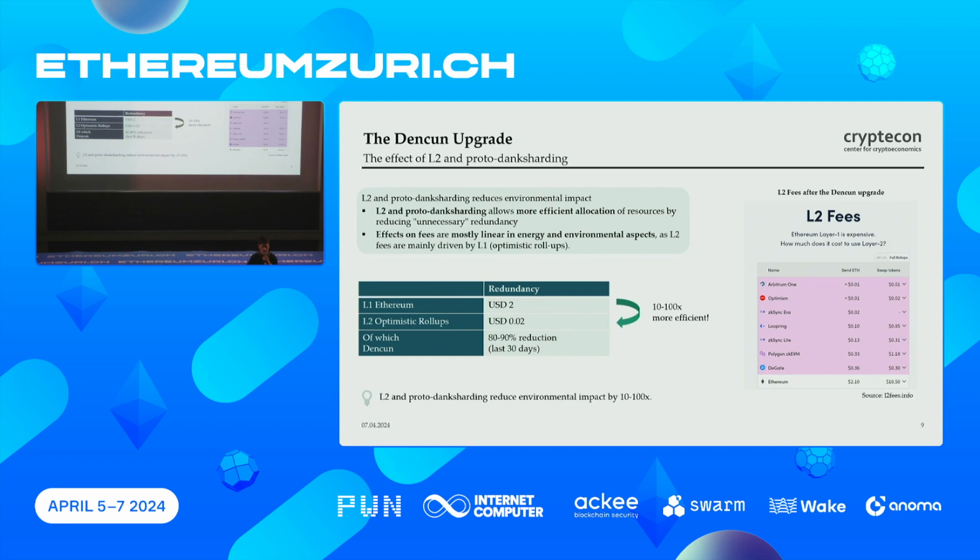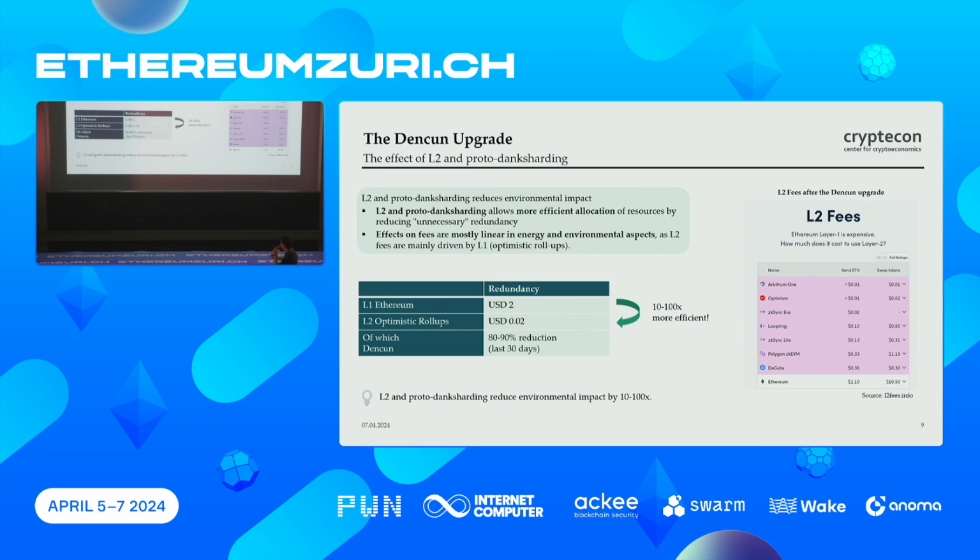So the computation costs for optimistic rollups come basically from storing this data on layer 1. And therefore we can use the fees as an approximation for the computational consumption.